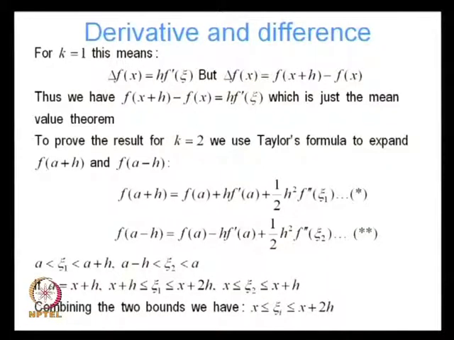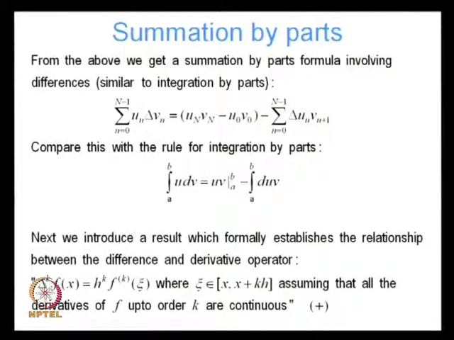So, for k equal to 1, this means that delta f x is equal to h times f prime of xi. Let us go back and take a look. So, delta f x is equal to h times the first derivative of f evaluated at xi. So, it is not equal to h f prime x. That is very, very important.